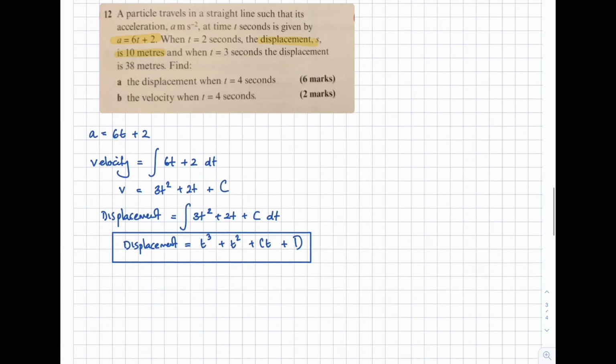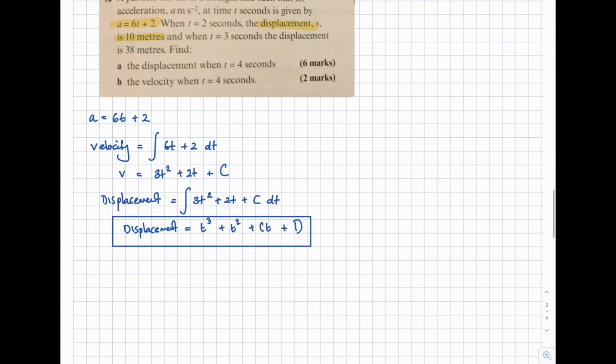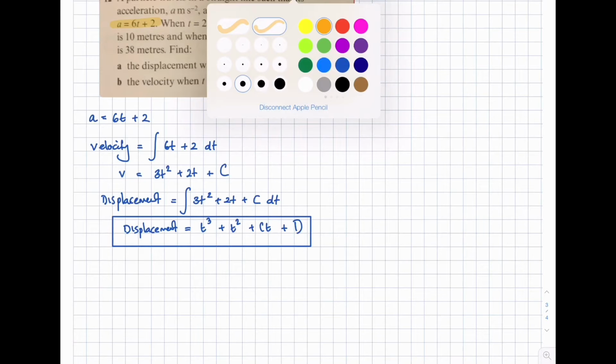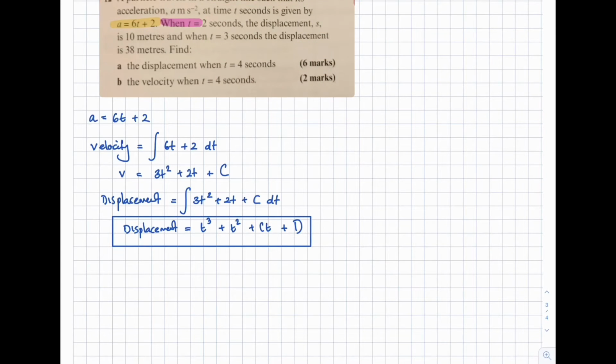So what are we going to do with it? Well, let's go back to the question. It says when t is equal to 2 seconds, so let's just get a colour here, nice pinky one. So when t is equal to 2 seconds, the displacement is 10 meters. So we'll set up an equation for that.